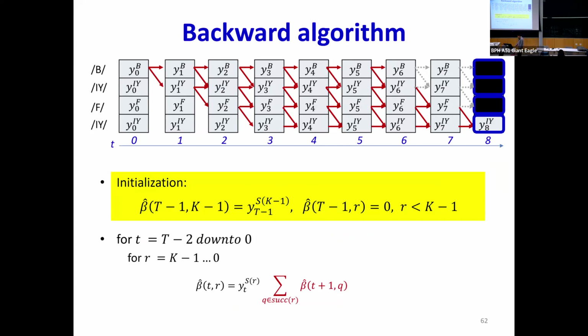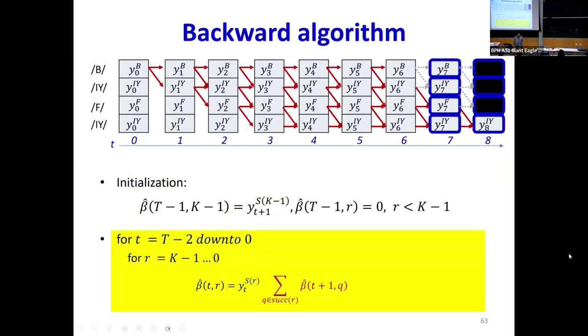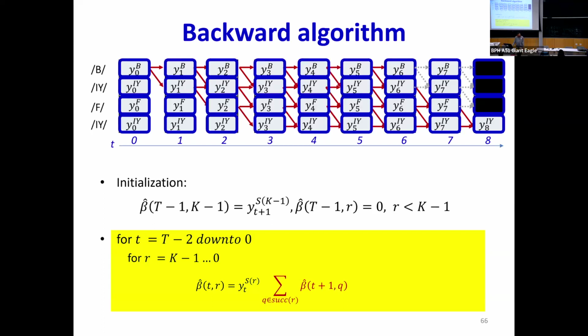Then I can take a step back and compute the betas for all of these nodes. Again, for each node, the beta hat value is simply going to be the sum of the betas for the children times the probability of the node itself. And I can work my way all the way back till I have got the beta hats for every single node in the graph. And now you can see why I'm calling this the backward probability.